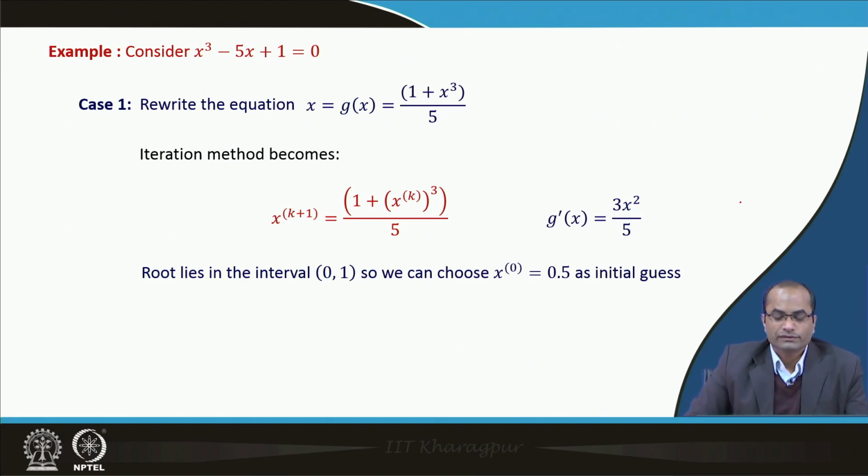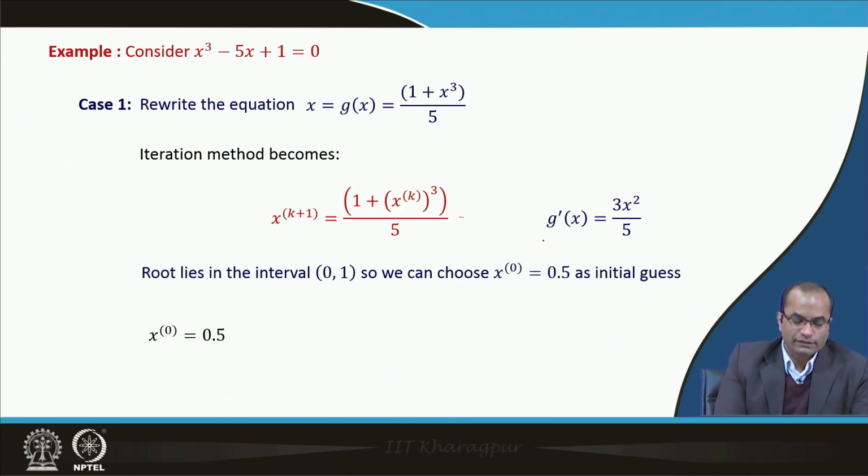That means, if the sufficient condition is satisfied, for sure this scheme will converge. If it is not satisfied, then we are not sure whether it will converge or not, because we have only the sufficient condition, not the necessary and sufficient condition. Having this, we start with x naught, for instance 0.5.